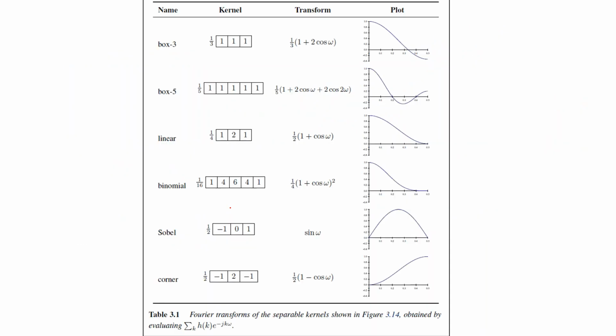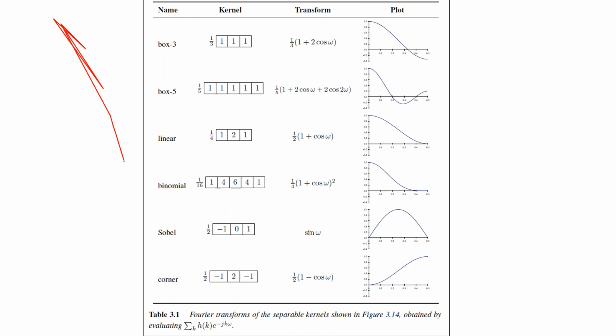So the next slide represents the Fourier transforms of separable kernels. Some of the kernel names mentioned here are box 3, box 5, linear, binomial, Sobel, as well as the corner, and the kernels are represented as one dimension.